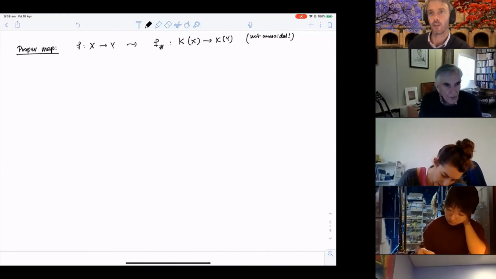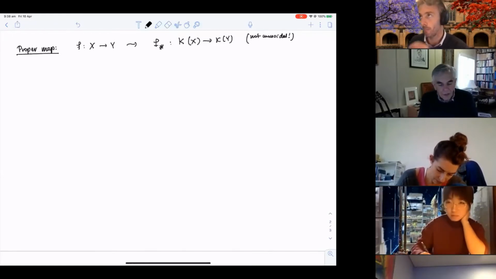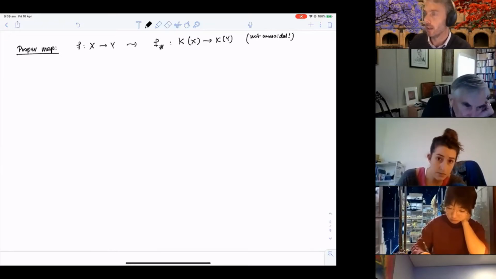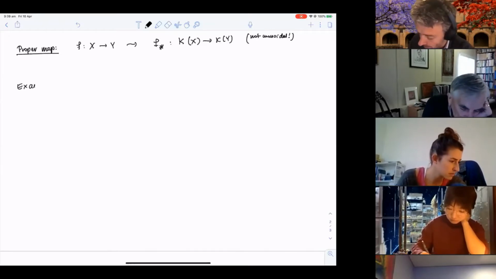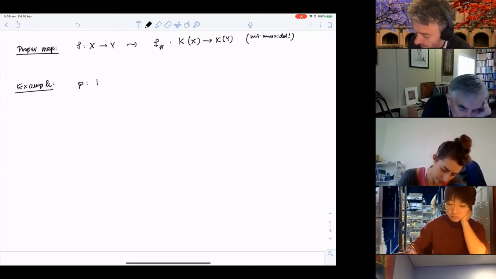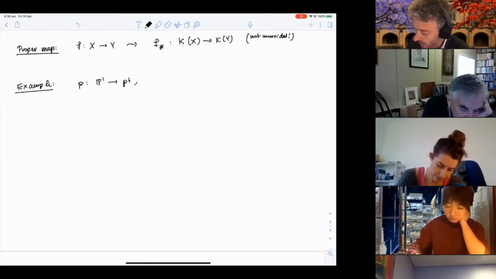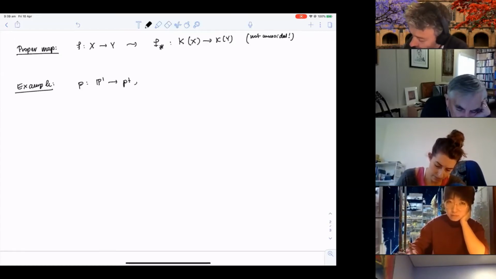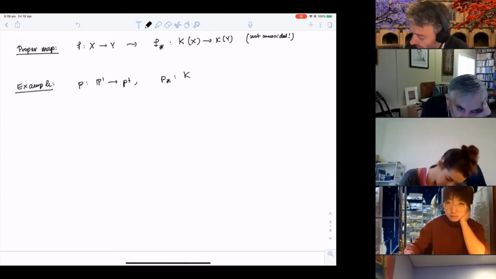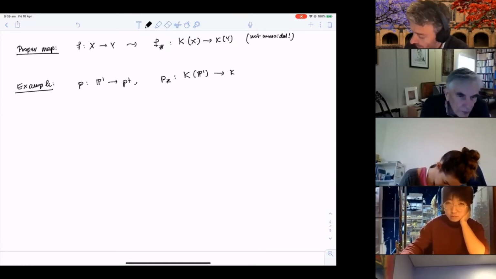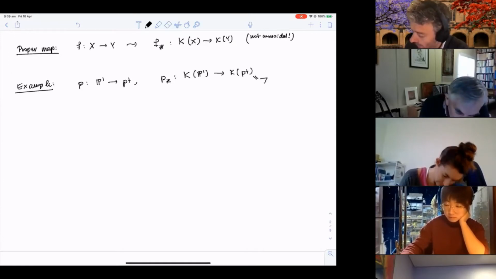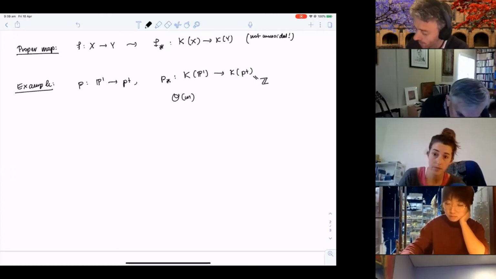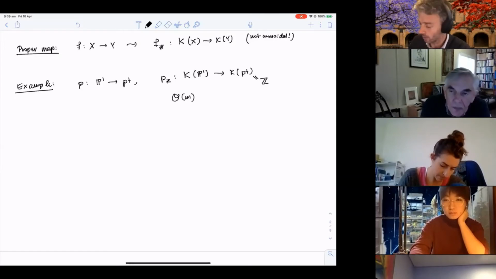So for example, if you have a flat map, then you have pullback, etc. And if we have the map to a point, then this induces the map on K theory to Z, and this sends O of m to the Euler characteristic of its global sections.